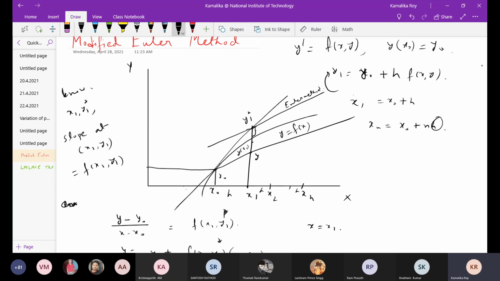The average of these two points will lie somewhere near here. So this is our actual y1. You can see that this error is less, so the modified Euler method is giving you better accuracy. So I'll show you the formula.